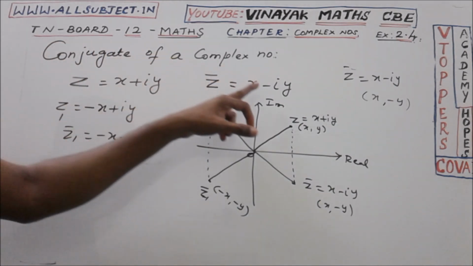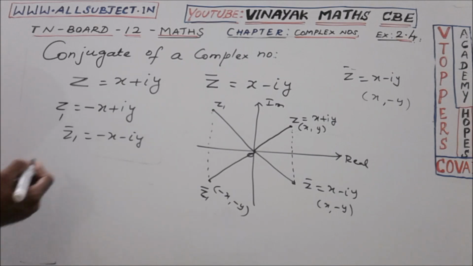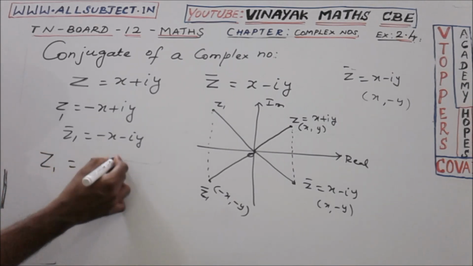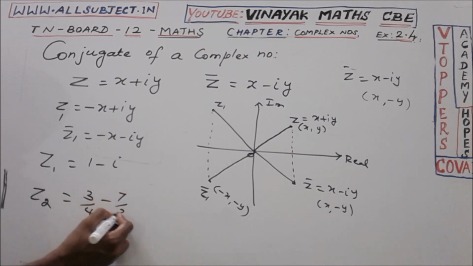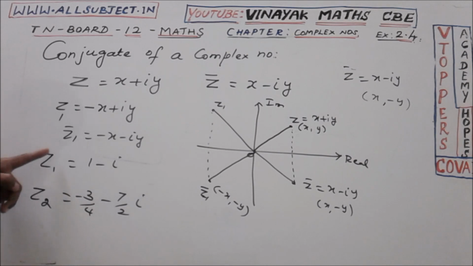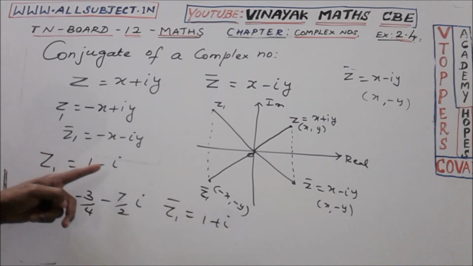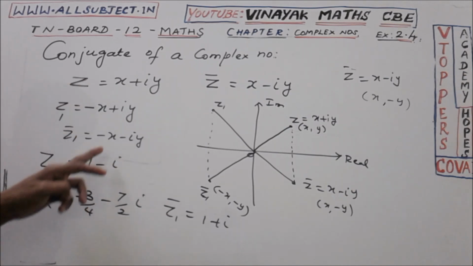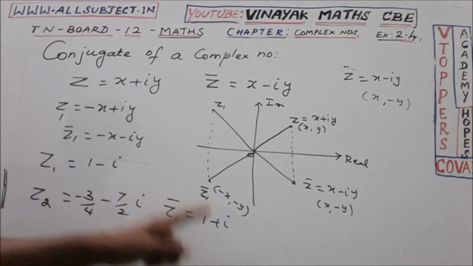Conjugate is obtained by just replacing i with minus i for any complex number. For example, z1 equal to 1 minus i and z2 equal to minus 3 by 4 minus 7 by 2i. Then z1 bar will be equal to 1 plus i, just replacing the sign of the imaginary part, or replacing i with minus i. Here minus of minus i becomes plus i, that is 1 plus i.